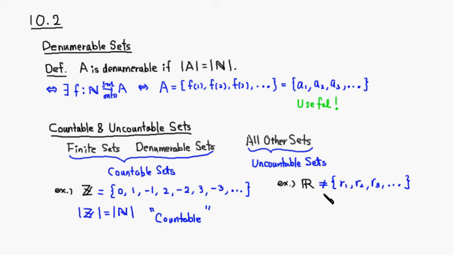We know that the set of real numbers is an infinite set, and at the same time, it cannot be listed this way, which means that it's not denumerable. So this set is uncountable.